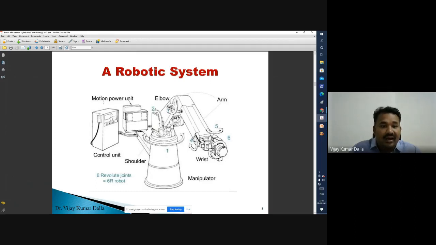The power unit is required to supply the required torques or forces. The control unit corrects the error between the reference velocity and the actual velocity of the manipulator.